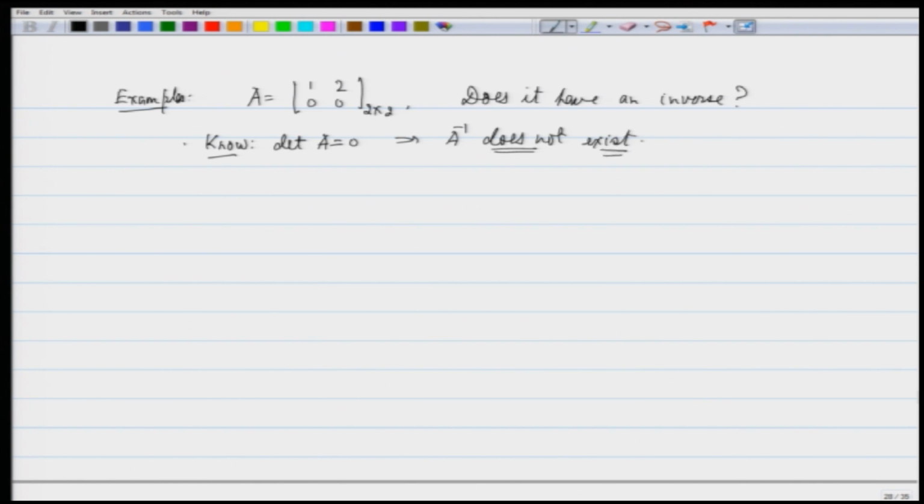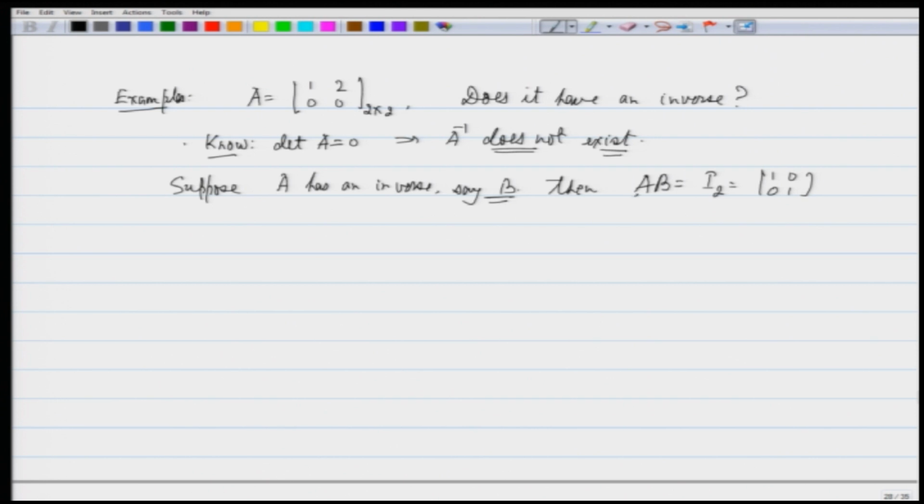Suppose A has an inverse, say B, then A times B should be the identity matrix I2, which is 1 0 0 1, fine.